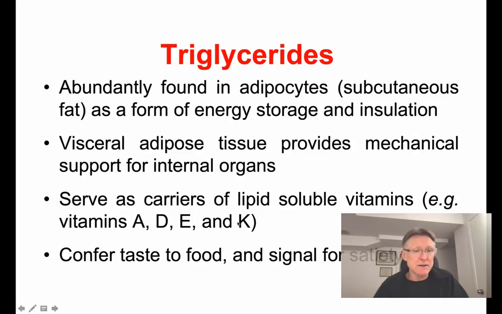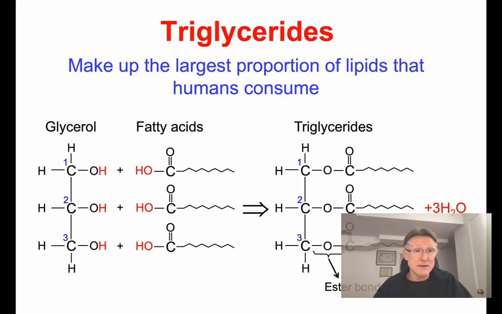And ultimately, fat is good, or triglycerides are good, because they confer taste to food, and they also signal for satiety, which is good, that you eat and then you reach a certain point where you stop eating. So there is an important signaling effect in terms of promoting satiety. So fatty acids, again, make up triglycerides. So what are triglycerides? By far, they make up the largest proportion of lipids that humans consume.